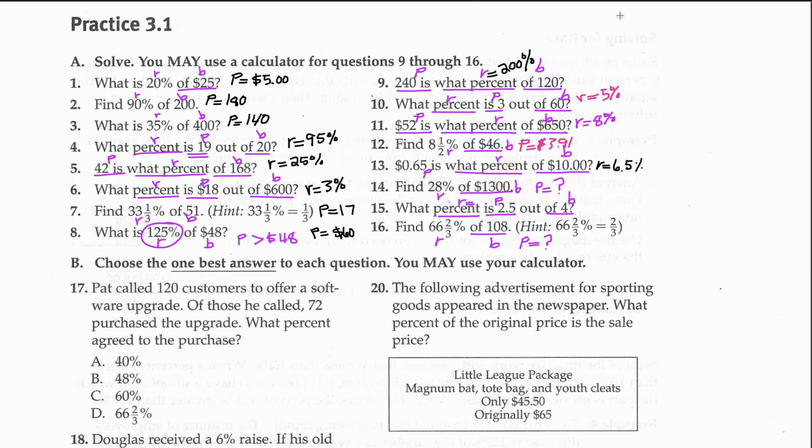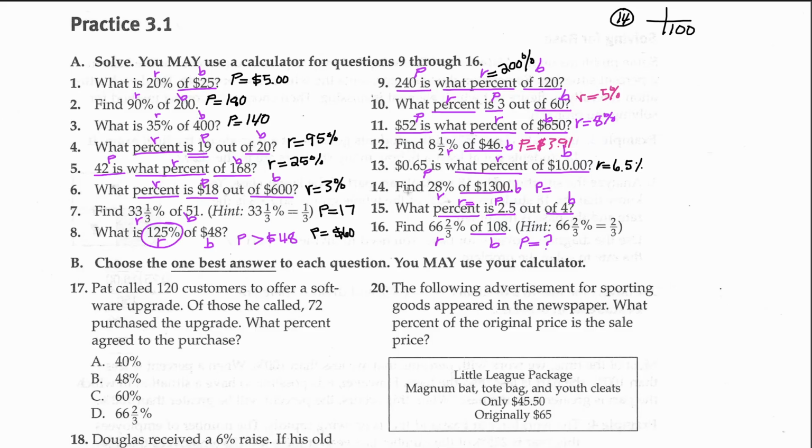Number 14, so put 14. Okay, 100 goes here. Number 14 says find 28% of $1,300. So the rate and the base are givens, and you need to find the part, like I have it here. So let's erase this question mark here, and we can leave that for your answer.